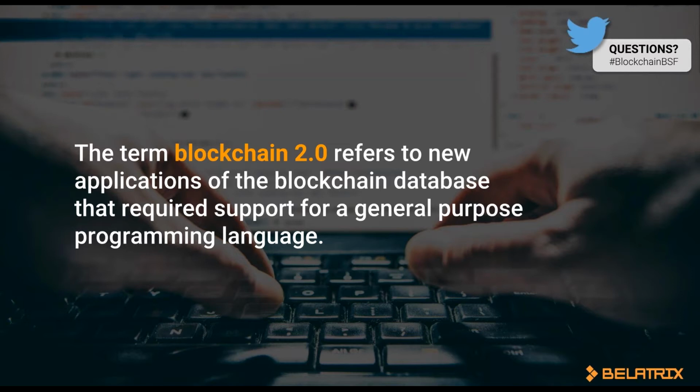The term 2.0 refers mainly to a new application of the blockchain whose main feature is the support for a Turing-complete programming language. That is a programming language that would allow to solve any computing problem.